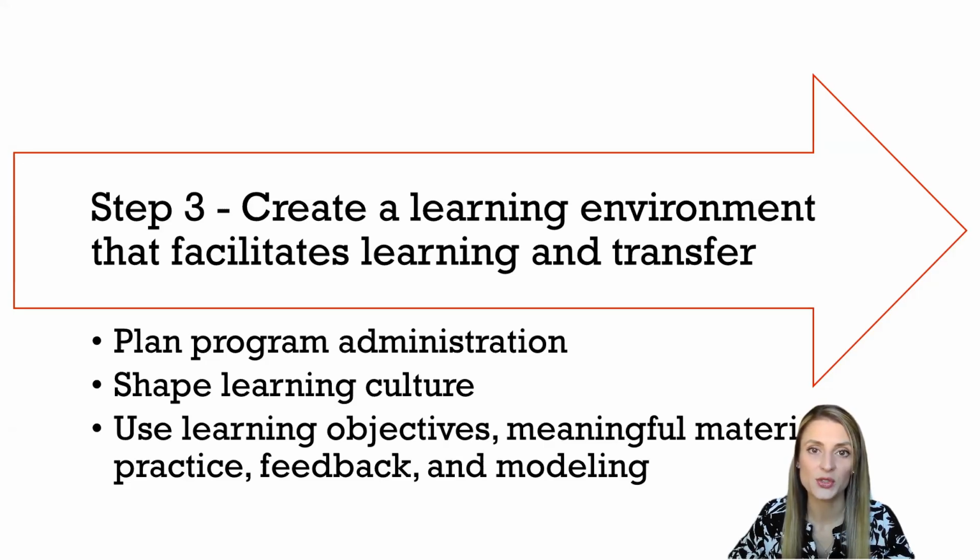Step 3 is to create a learning environment that supports learning and encourages the transfer of training. One of the ways that we do this is to plan out the administration of training. This includes everything from pre-training to the learning event itself to post-training.